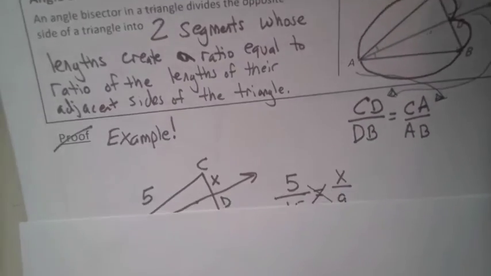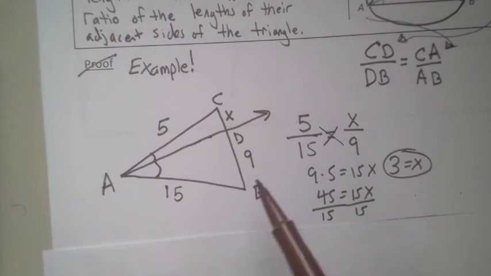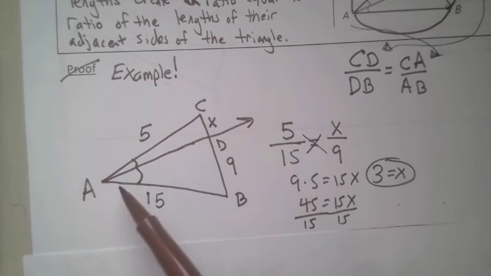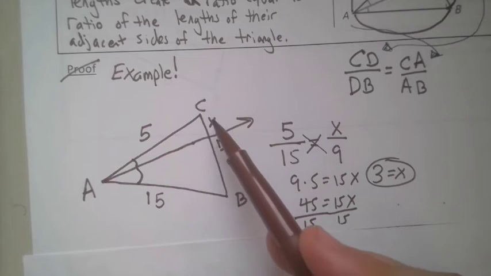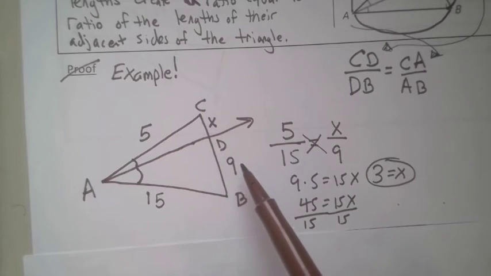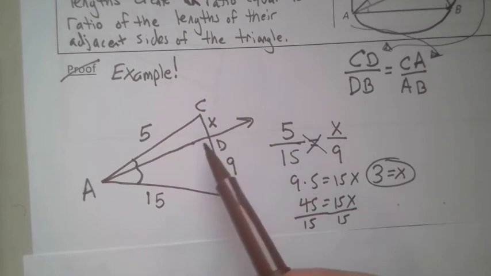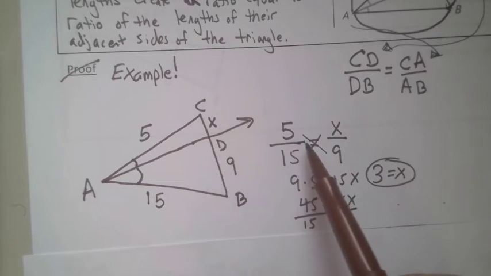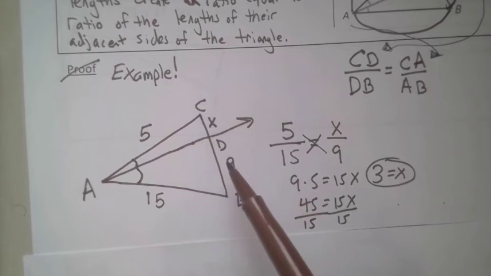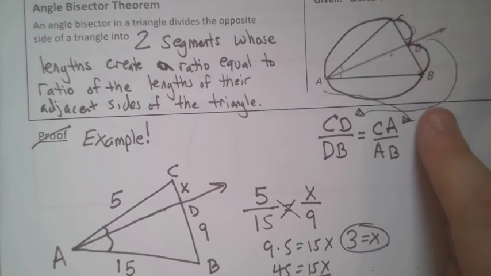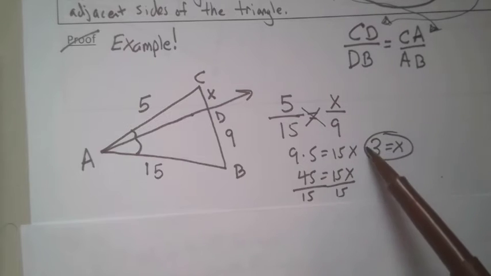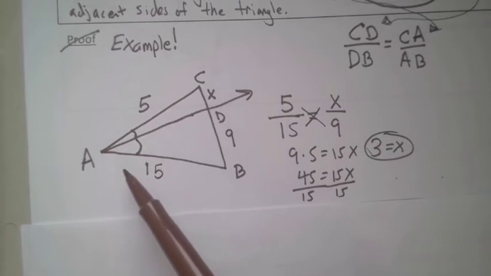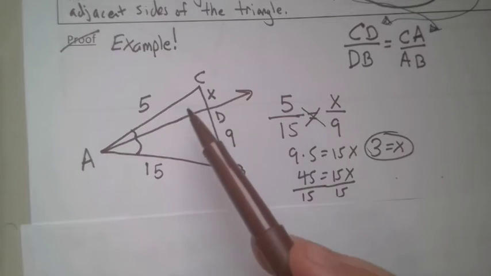So for example, if we had a diagram like this, and I had one side that was 5 and one side that was 15, and this part was x and this part was 9, I could say side over side is equal to part over part, just like we see here. And if I solve that, I get 3. So look at that proportionality. 15 over 5 is the same as 9 over 3.